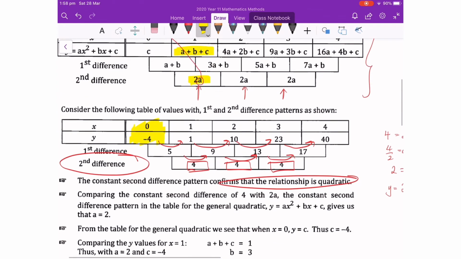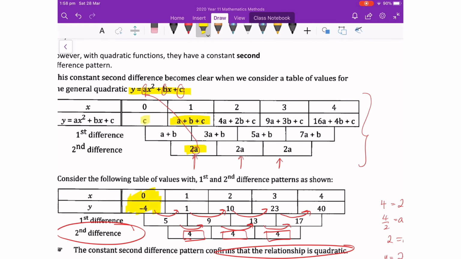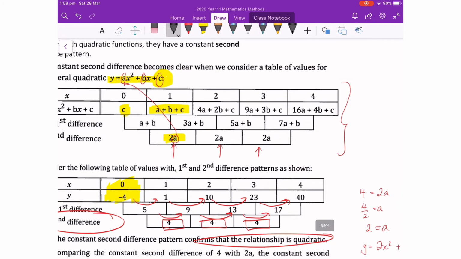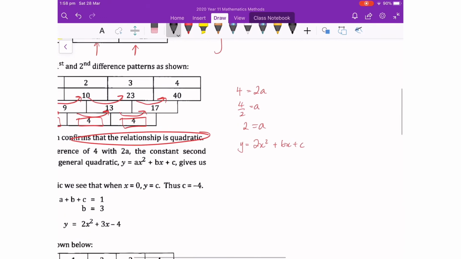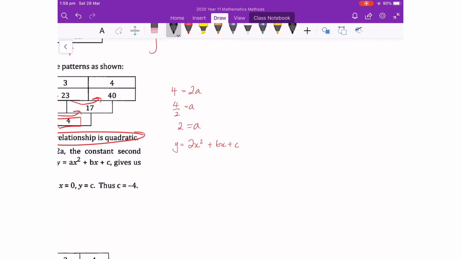And that's the same as c, because if we go up here, this c is the same as this right here. So I'm going to go in my notes here, I'm going to go, well, if when x equals 0, y equals -4, then y is equal to 2x squared plus bx take 4.